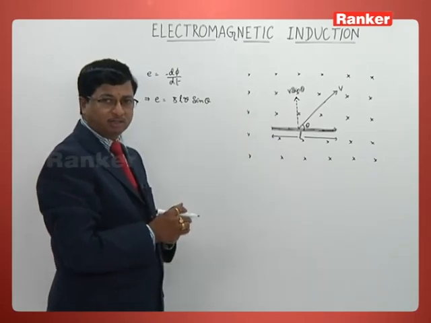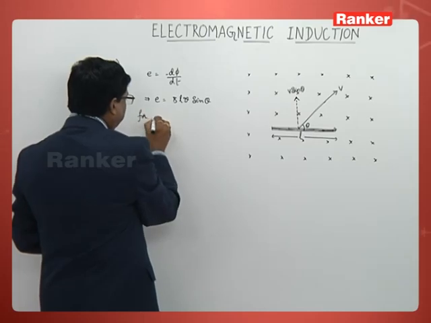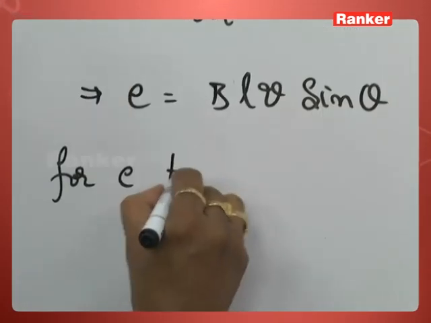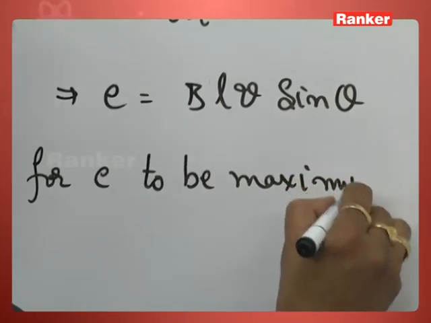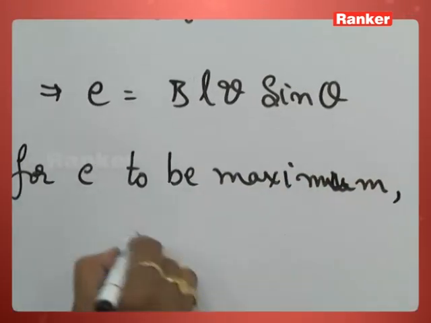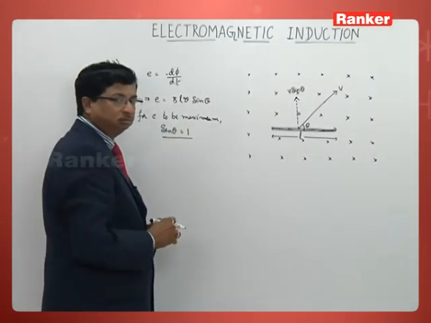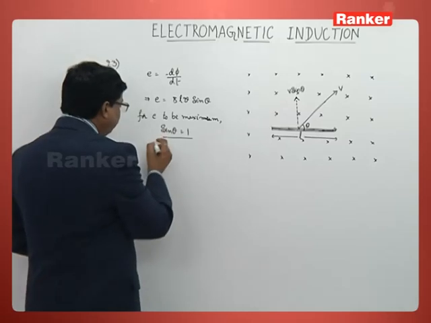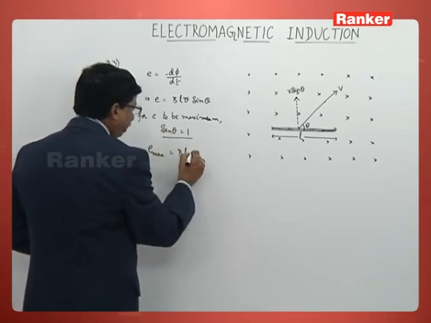That's the only point. Now you can understand, for E to be maximum, what is the condition? Sin theta should become 1. So what is this E maximum? That is what he is asking, B, L, V now.